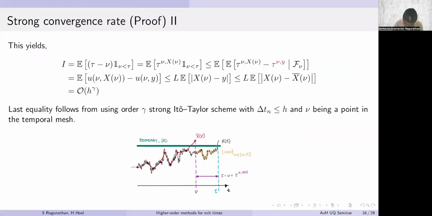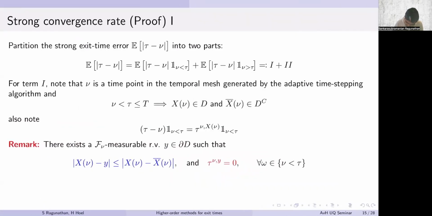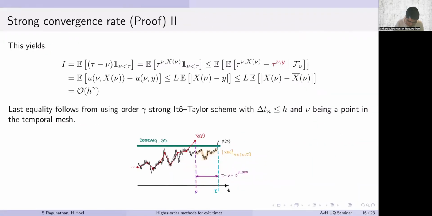I'm not going to get into a lot on the proof side of things, but we can show that term 1, using the Lipschitz continuity property of the mean exit time and doing this change which was shown in the previous slide, is of order h to the power gamma, where gamma is the order of the strong Ito-Taylor scheme that we employ.